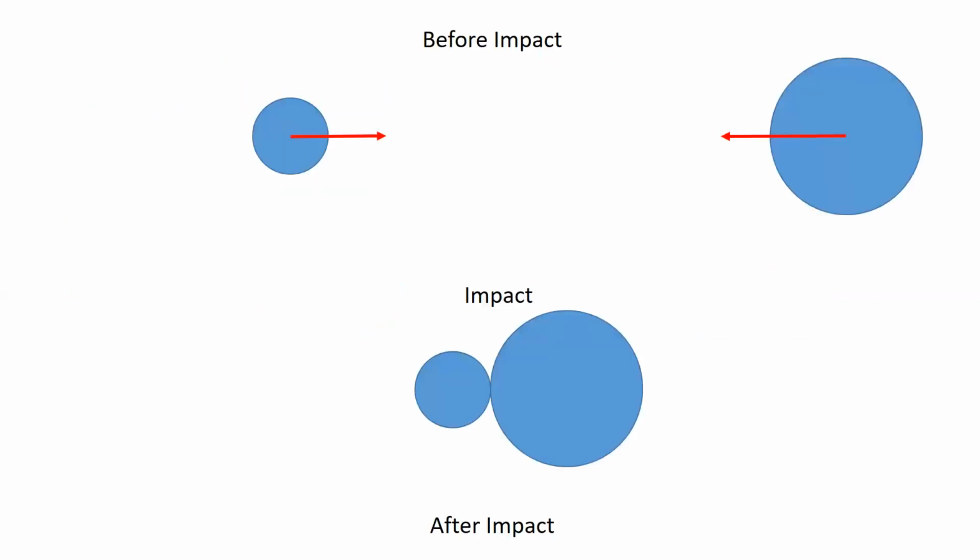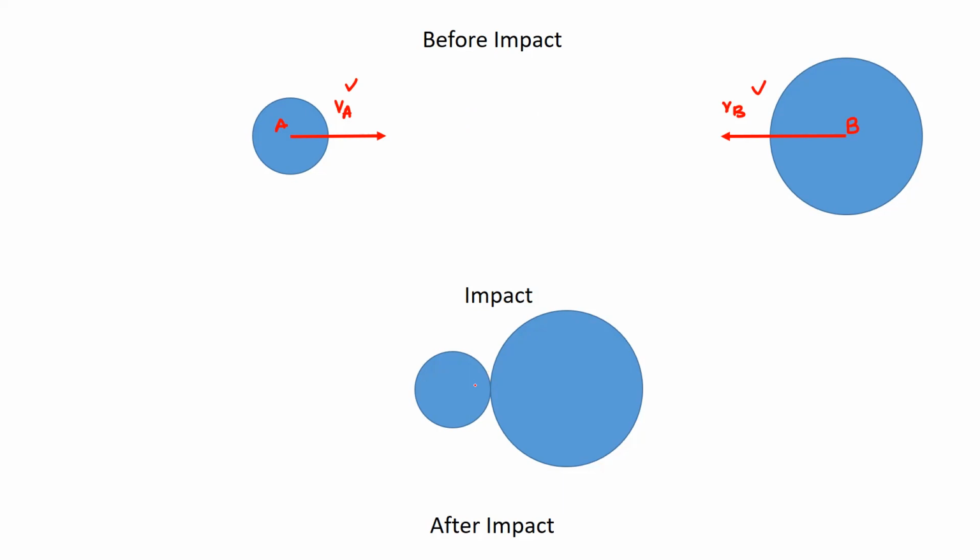So let us understand the process in detail. These are the positions of the objects before impact. This is VA and this is VB. With these velocities VA and VB, the objects will approach each other.